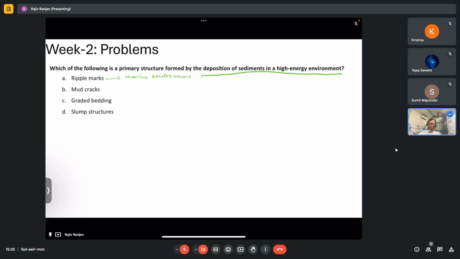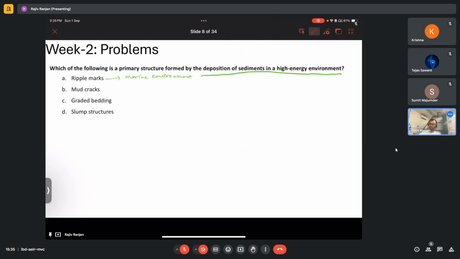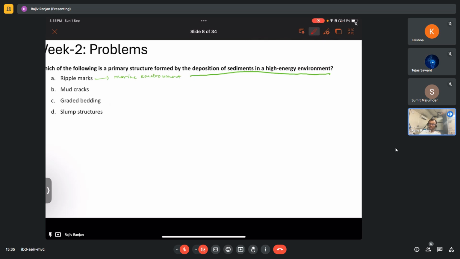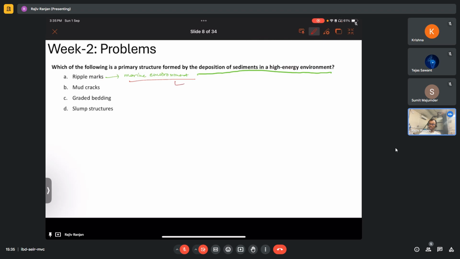In coastal areas the energy is very low. If you talk about mud cracks, they have nothing to do with energy or environment. It is a very normal situation. Just because of the heat, mud cracks form, the desiccation cracks. So there is very low energy here also.